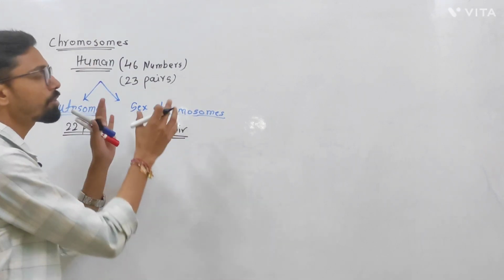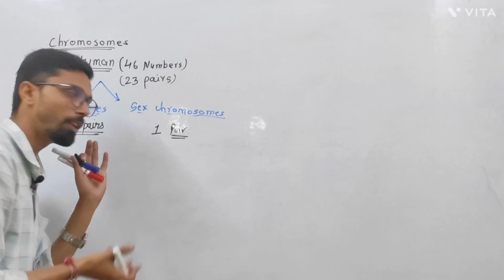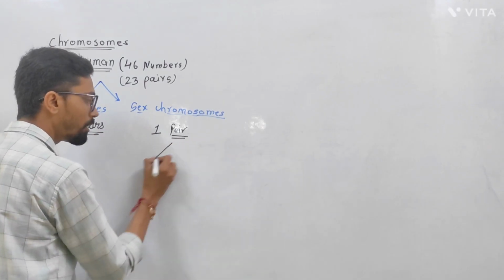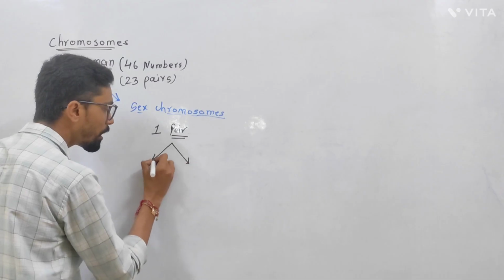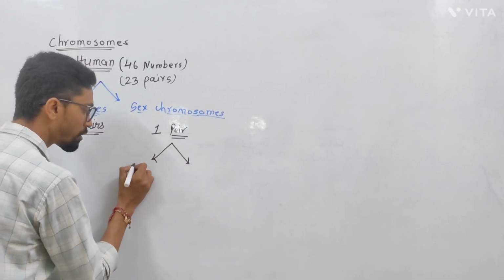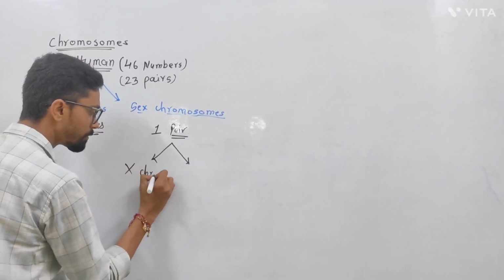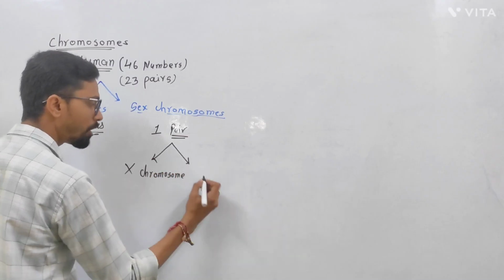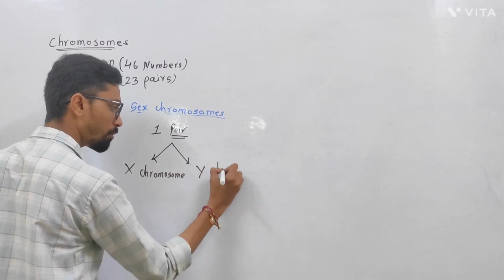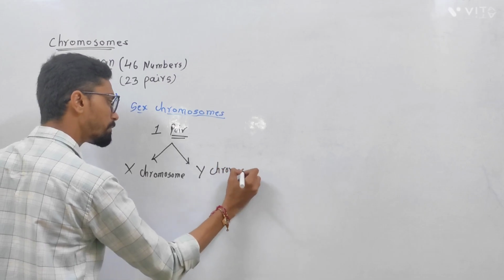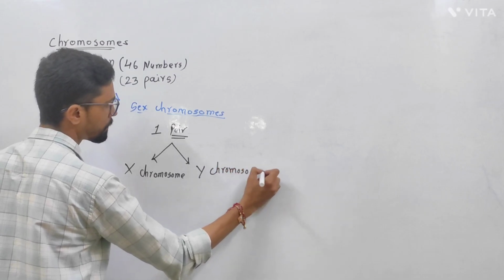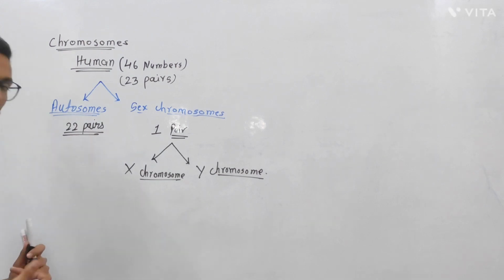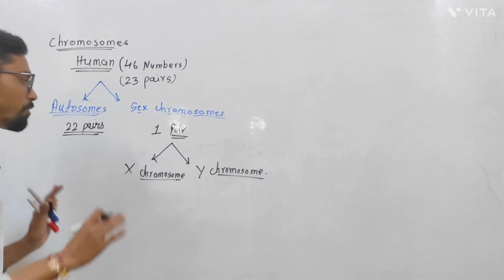The sex chromosomes are also called allosomes. This one pair may be X chromosomes or they may be Y chromosomes.